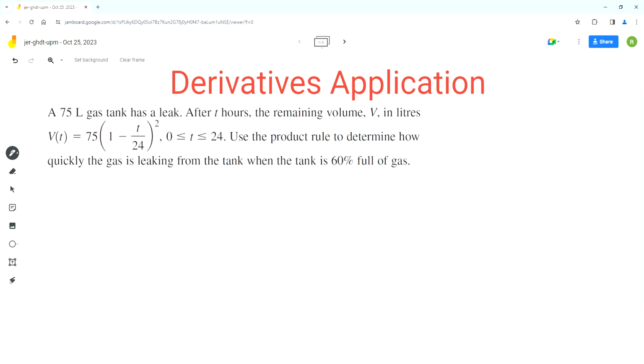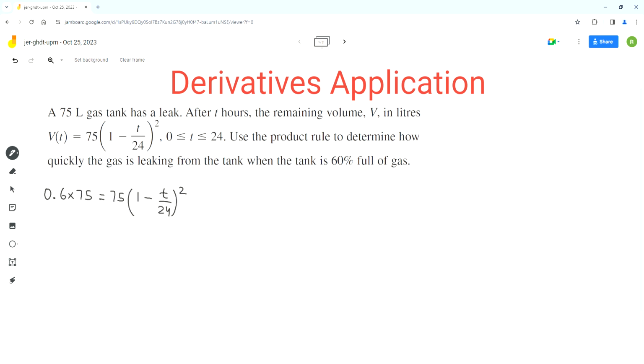So we'll sub in V of T as 0.6 times 75 equals 75 times (1 minus T over 24) squared, because we have to find T. In order to find the rate at which the volume is changing at a particular time T, we need to know the value of T, because we'll be using that value of T to find the rate of change for volume at that point in time.